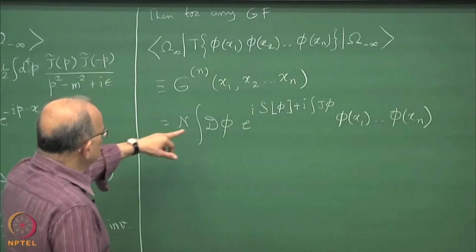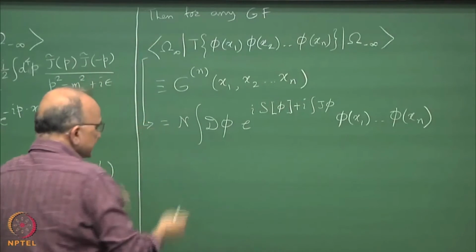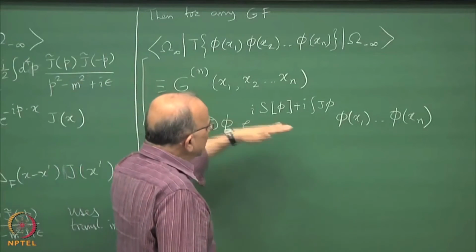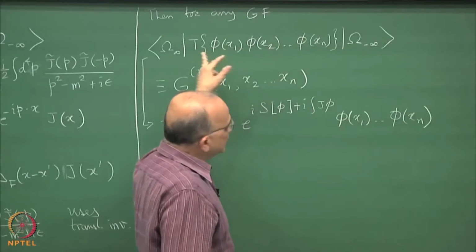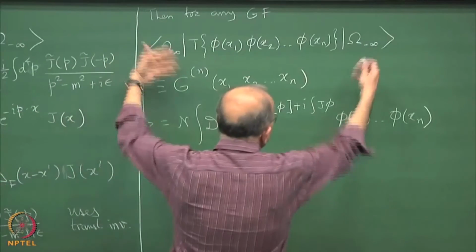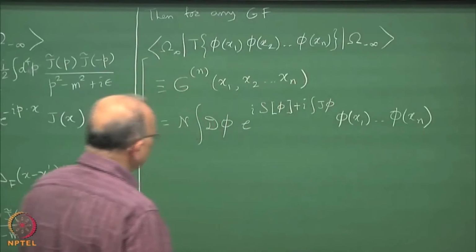So this is actually same as this, you know, this is the definition if you like. We know that if in the path integral you insert certain operators, you will automatically get the expectation value of the T product between these endpoints, but that is what we are calling Green's function now.